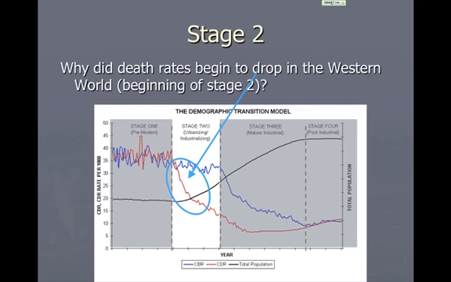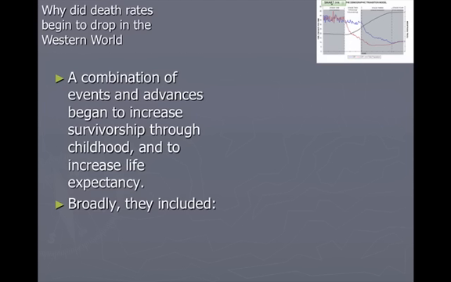But then in stage two, we start to see a drastic change. Notice what's happening with the crude death rates, dropping dramatically. Many think this might be part of medicine, or some think it's the food supply. But in reality, it's really a factor of the industrial age, allowing for the rapid increase in the production of goods, and it drastically changed the world that we know.